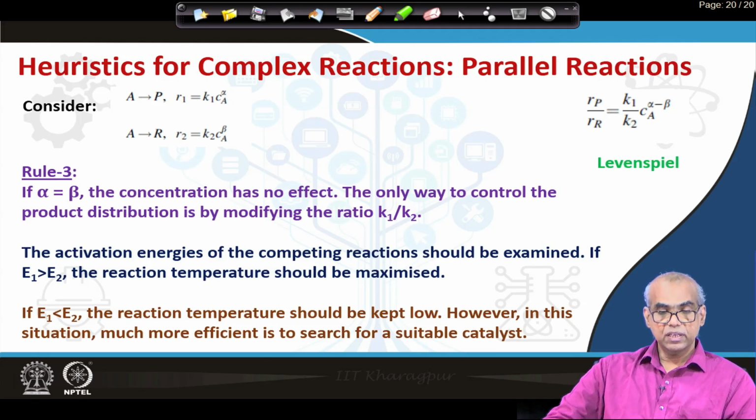If the activation energy for reaction 1 is greater than the activation energy of reaction 2, the reaction temperature should be maximized. If the activation energy for reaction 1 is less than the activation energy of reaction 2, the reaction temperature should be kept low. However, in this situation, a more efficient solution will be to search for a suitable catalyst.